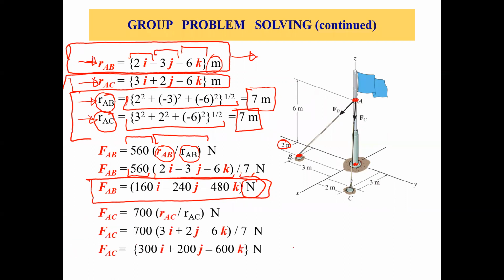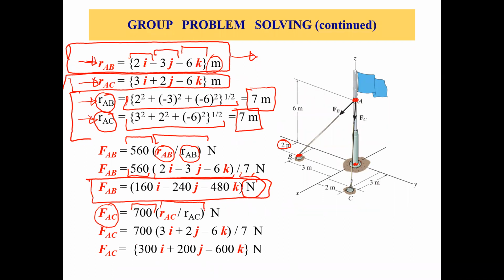Now let's move forward and find FAC. To find FAC, we already have the force F, which is 700 newtons. We already have the position vector RAC, and we also have the magnitude of position vector RAC. So FAC equals F, which is 700 newtons, times the unit vector UAC.